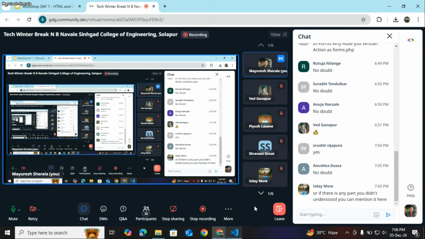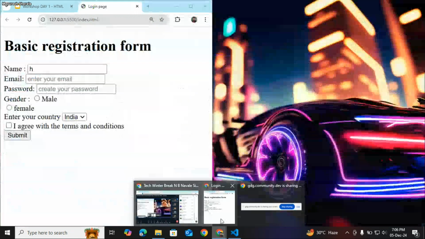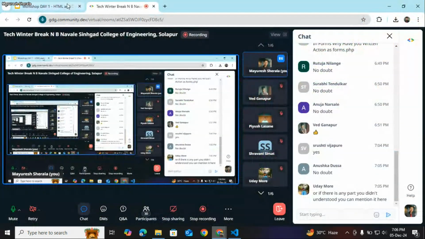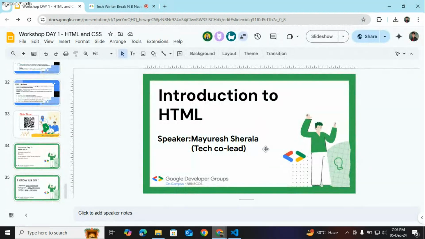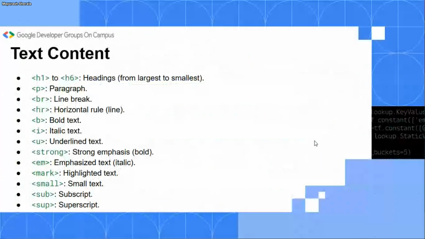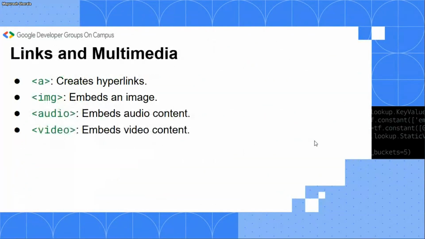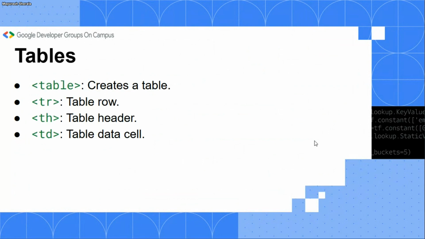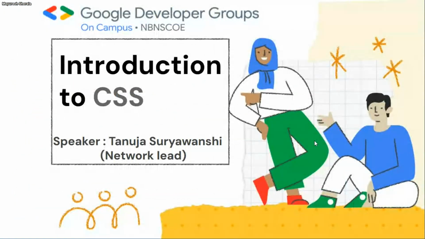So let's move forward with our HTML and CSS workshop. We have covered these points: document structure, basic structure, text contents, images, tables, forms, introduction to CSS. Now there will be introduction to CSS, which is given by Tanuja.